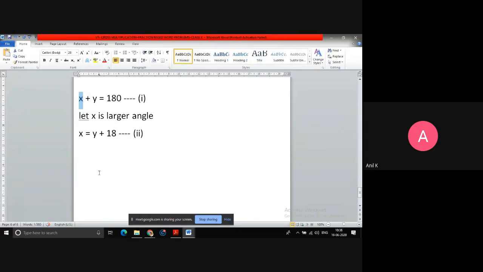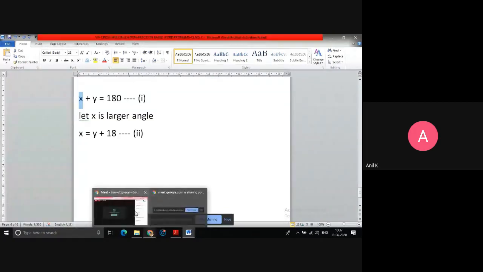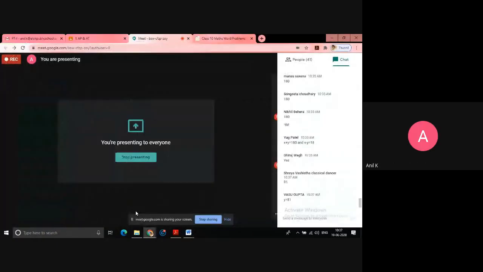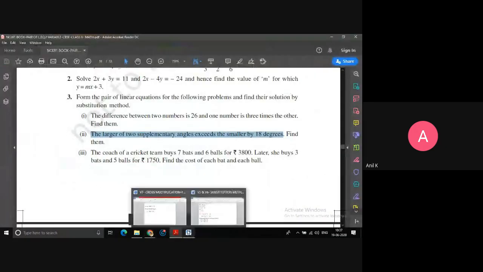Y equals 81. Okay, some of them have already given the expressions also.